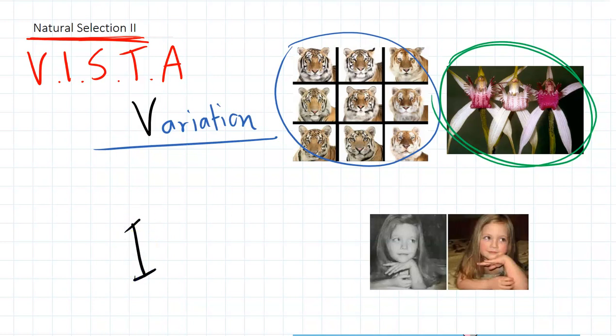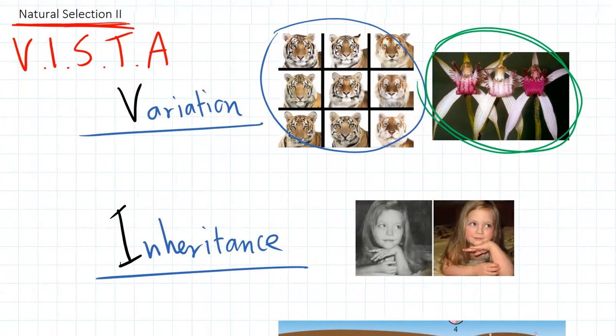I stands for inheritance. And we've already learnt heaps about inheritance. Inheritance is just the fact that parents pass down their traits down to their offspring and their children, in other words.